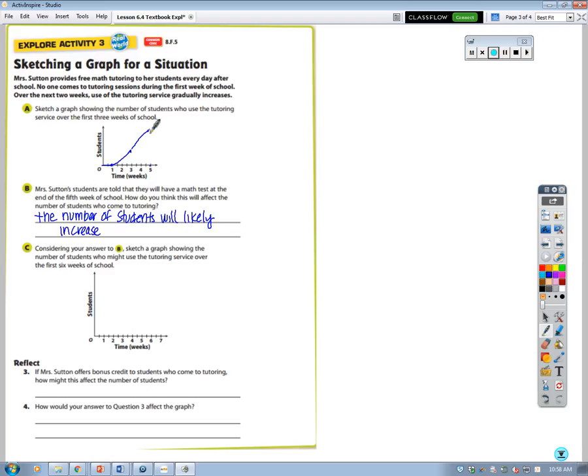Considering your answer to B, sketch a graph showing the number of students who might use the tutoring service over the first 6 weeks of school. So we've got week 0 to 1, no students. Week 1 to 3, increasing. Week 3 to 5, we said it probably continues to increase. Your prediction could be different, so your graph might look different than mine.